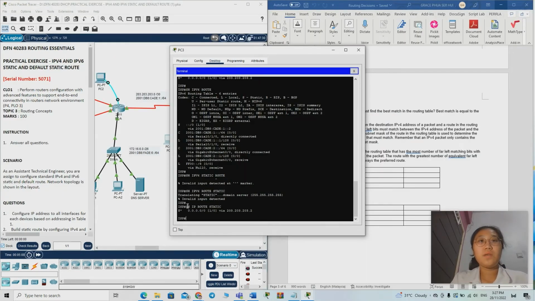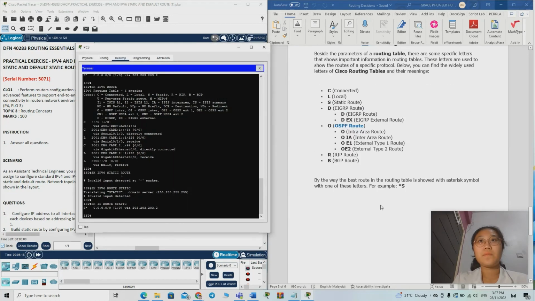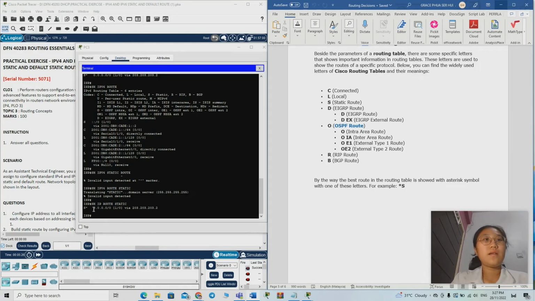We can also use the command show ip route static. It will show the symbol S star, just like what we learned just now. S star is the best route in the routing table, and it's for the network 0.0.0.0.